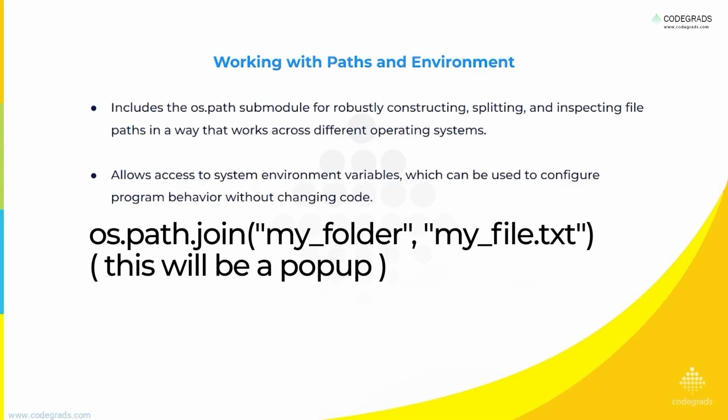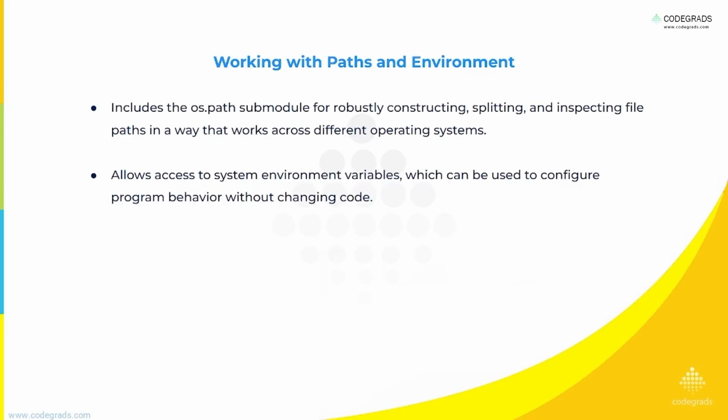So we can join paths here, and we can also split file and directory. Just mention directory, comma, file equal to os.path.split and the file name. We can also get the file extension. We need to mention os.path.splitext, and since we are working with a CSV, we mention the file name and we'll get the file extension.